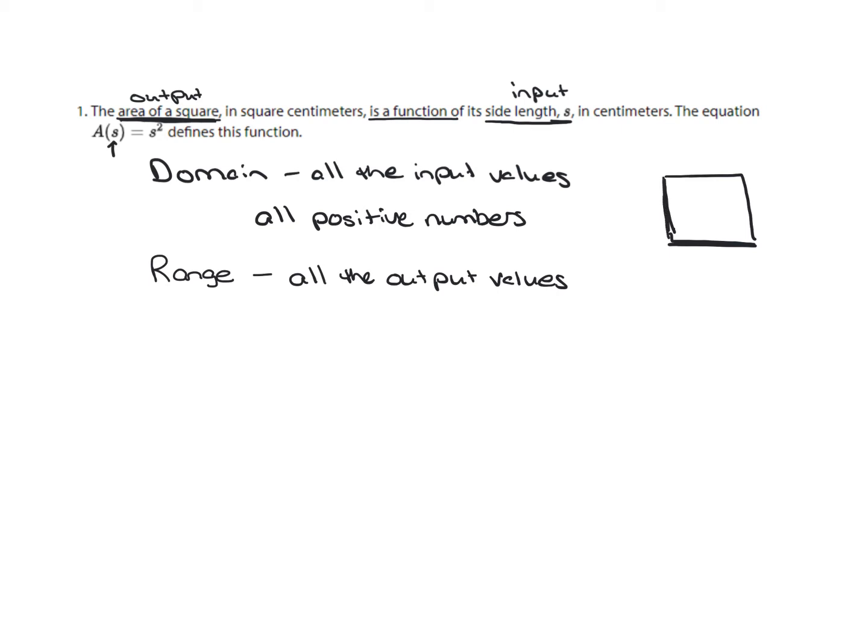Remember, the area is one side times the other side. Gives me the area. And because my inputs are only positive numbers, my outputs are only going to be positive numbers also. And decimals are going to be possible, and fractions are going to be possible, but I won't be able to get 0 and I won't get negative numbers.